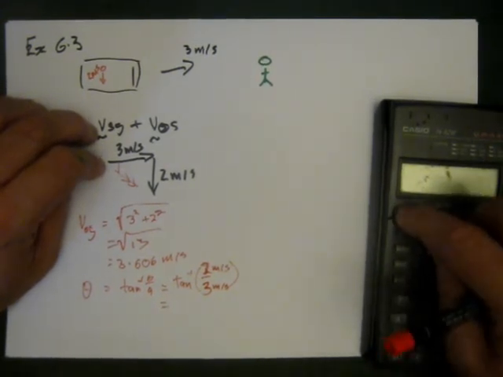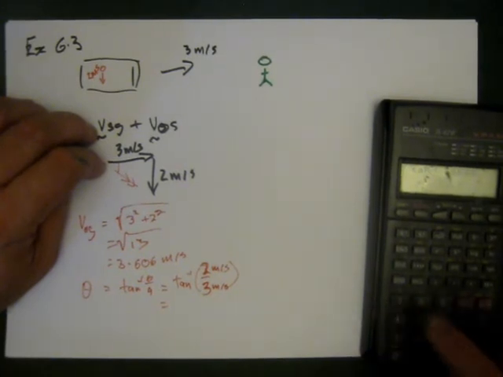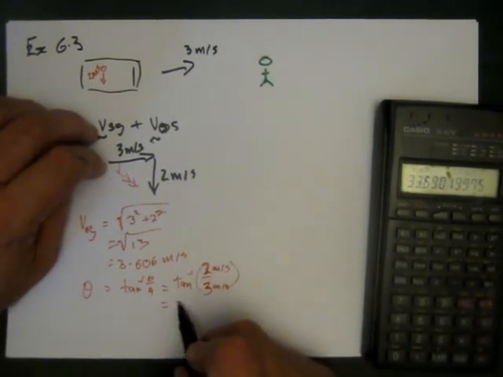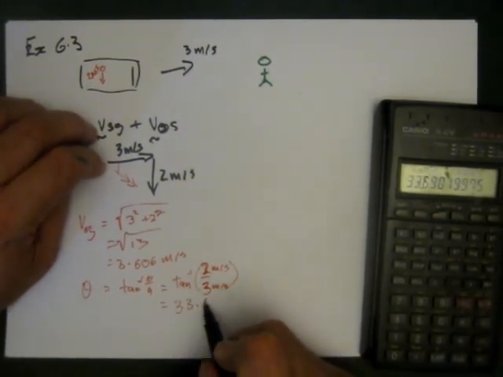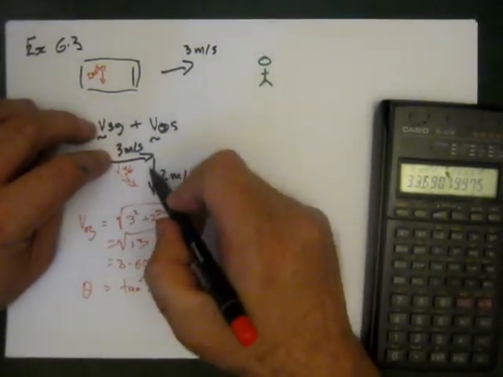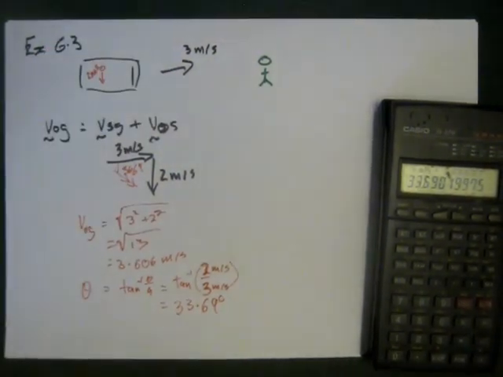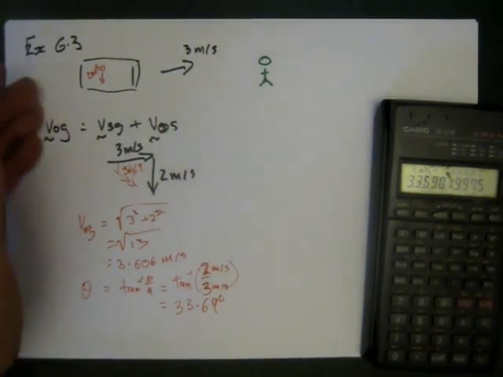Tan inverse of 0.6666 equals 33.69 degrees. So that angle in there is 33.69 degrees. We don't know if it's going that way or that way, but we know it's going to pass me on one side or the other. So remember, velocity is a vector, so we'd still add them just like any other vector.